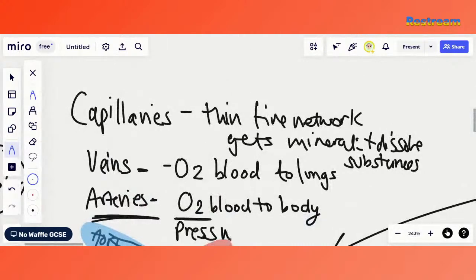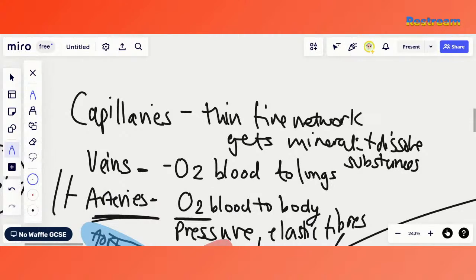And because of this increased pressure, they have elastic fibers in the cell walls. And what this does is it allows the arteries to stretch out just a little bit so that the blood can go.